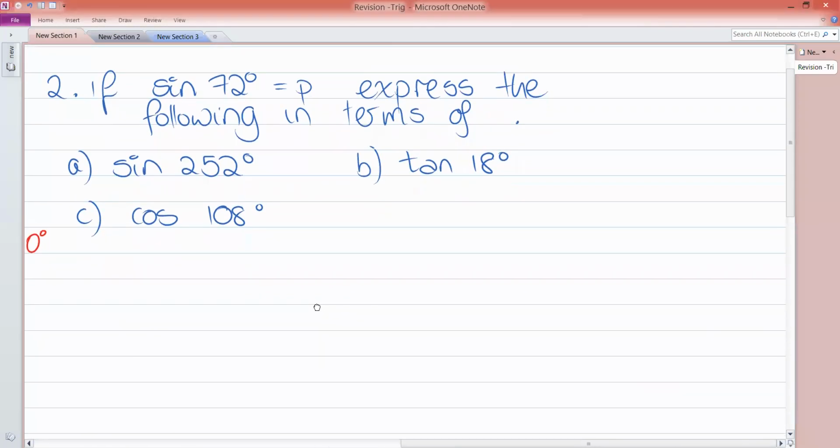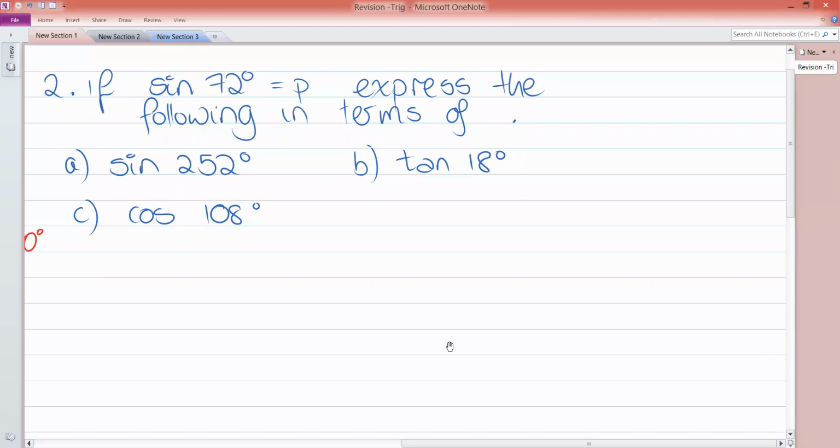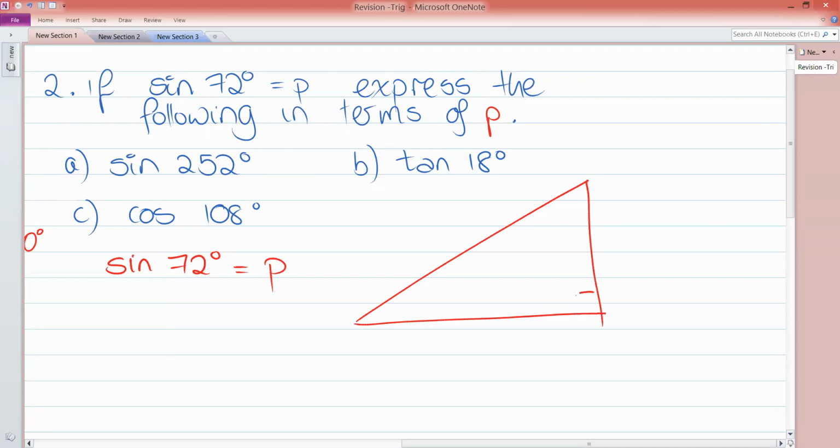So for number 2, if sine 72 degrees is equal to P, express the following in terms of P. You have the first one, sine 252, tan 18, cos 108. Whenever they give you a question like this, the first thing you have to do is solve the triangle first. So we're going to take this sine 72 degrees is equal to P. We're going to plug it into a triangle like so, okay?